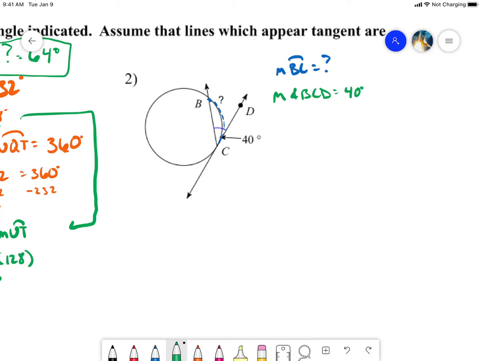Applying the secant tangent intersection theorem, I know that the measure of angle BCD is exactly 1/2 the measure of arc BC.